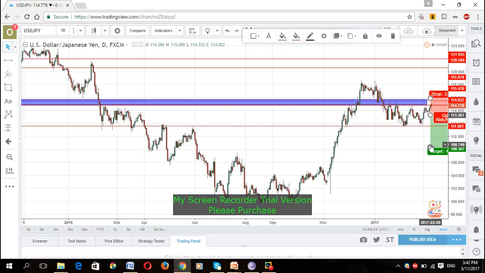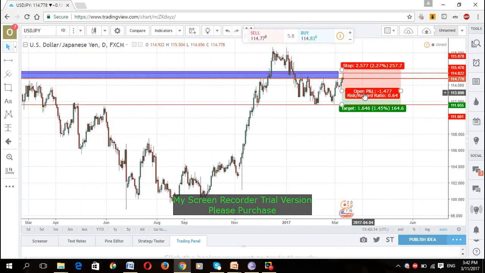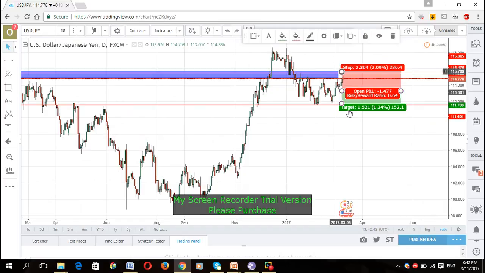So I'll just have my target area on my support level and my stop loss on my previous high. If I look at it here, there's my target and there's my stop loss.